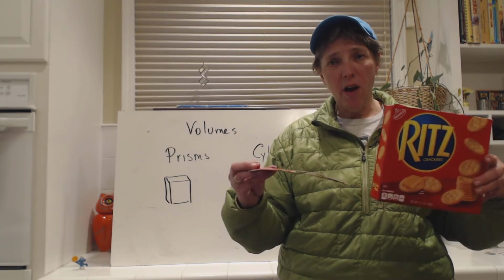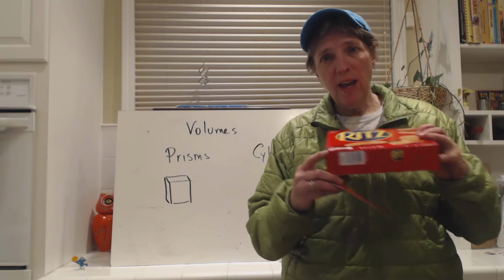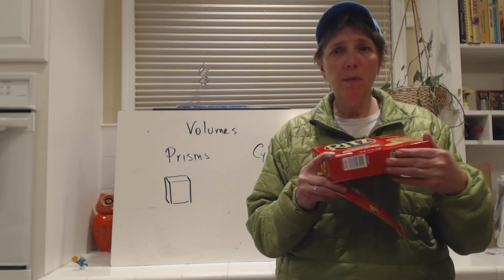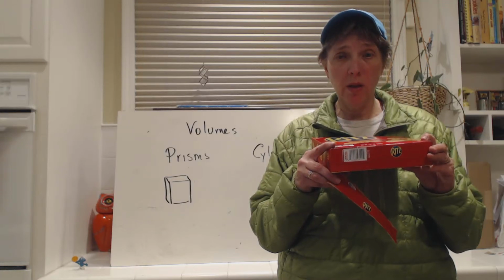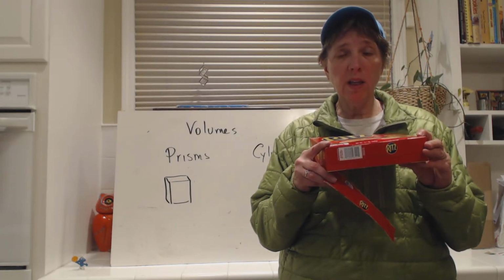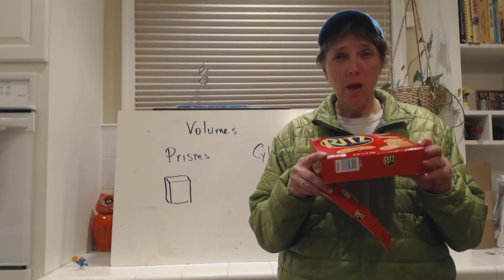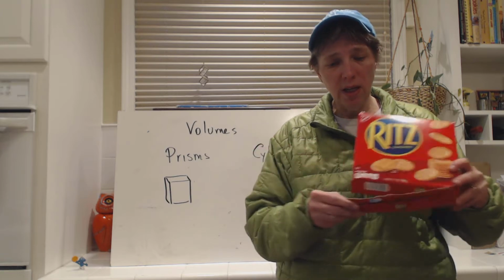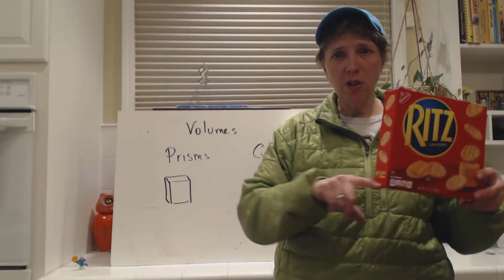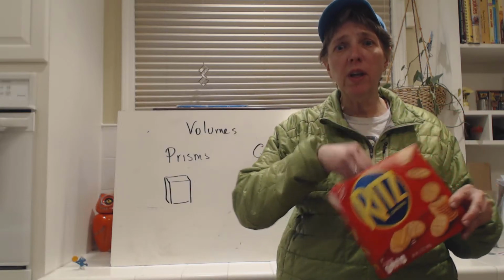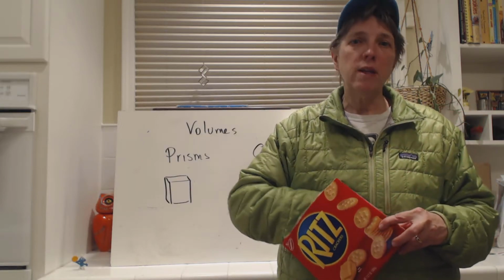To find that out, we take the area of the base, which is length times width. If I put this in here, and I were to have a whole bunch of those to stack them up to see how many were in here, that's what I would find.